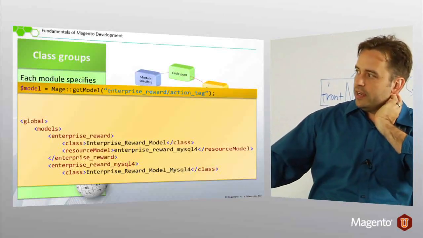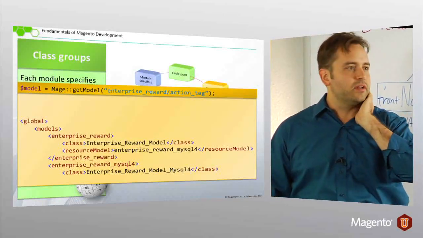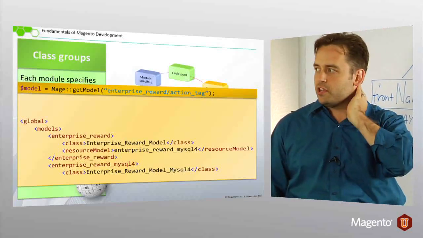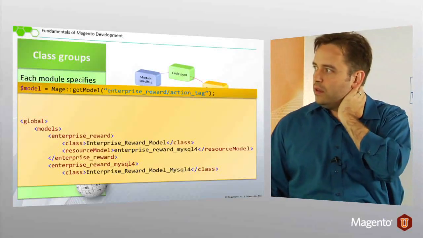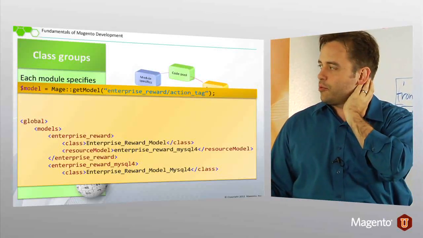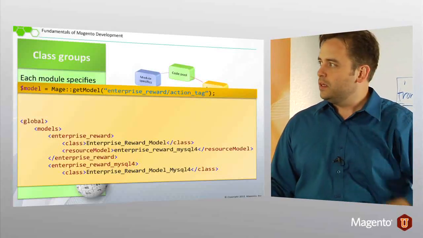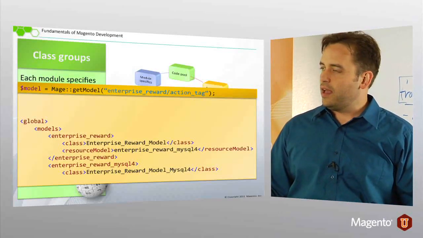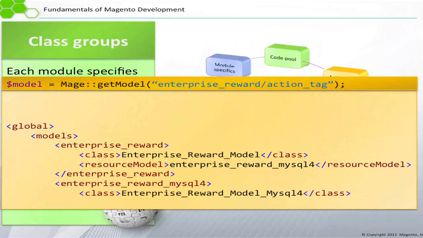For the class group, again, we'll look at one of the enterprise module configurations. So in the enterprise reward module, so in app/code/core/Enterprise/Reward/etc/config.xml, we'd have a config node, and then global, models, enterprise_reward, enterprise_reward, enterprise_reward.